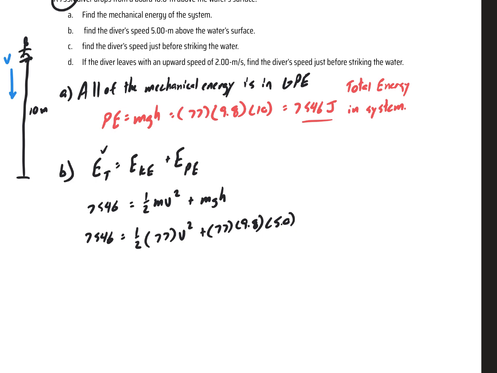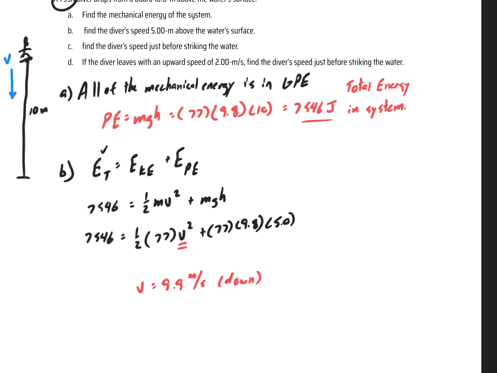I have to do a little math here and solve for this v squared. I'll leave that to you guys. But for velocity, you should get about 9.9 meters per second, and he's going in the down direction, of course. He's going down. And that's pretty much it.